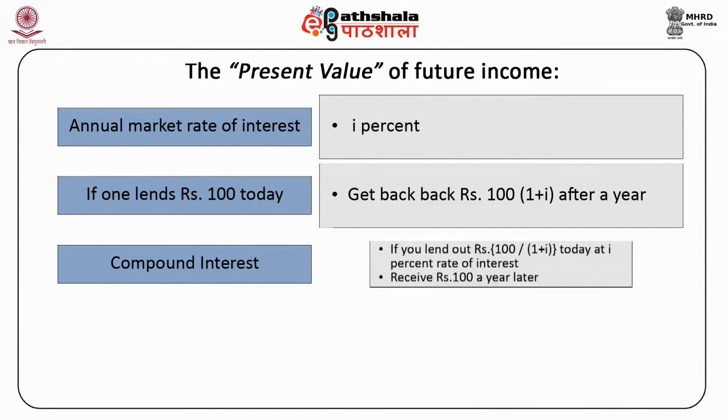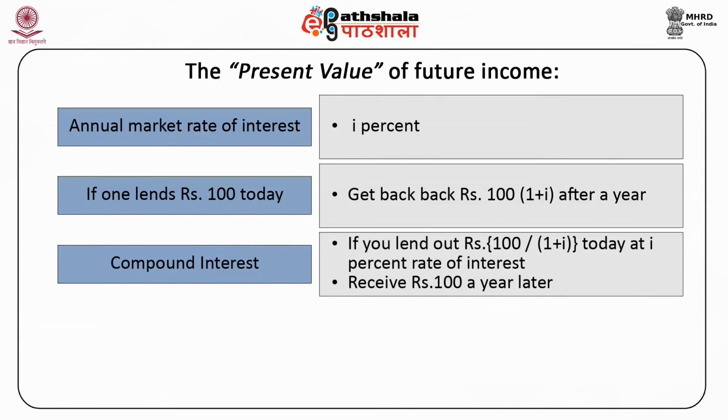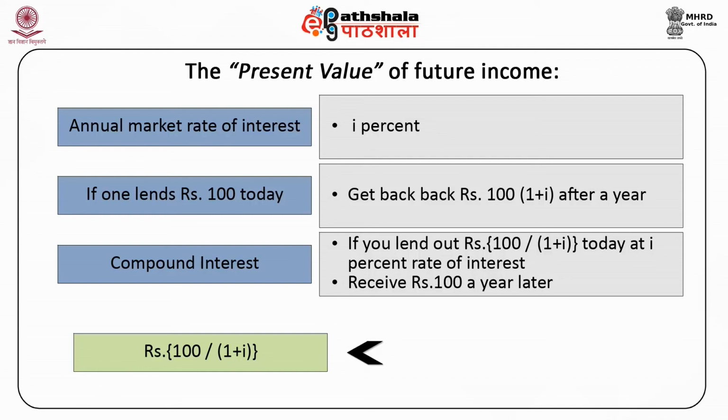This means if you lend out rupees 100 divided by (1 plus i) today at i% rate of interest, you will receive rupees 100 a year later. Clearly, rupees 100 divided by (1 plus i) is less than rupees 100, and it is the present value of rupees 100 one year later.